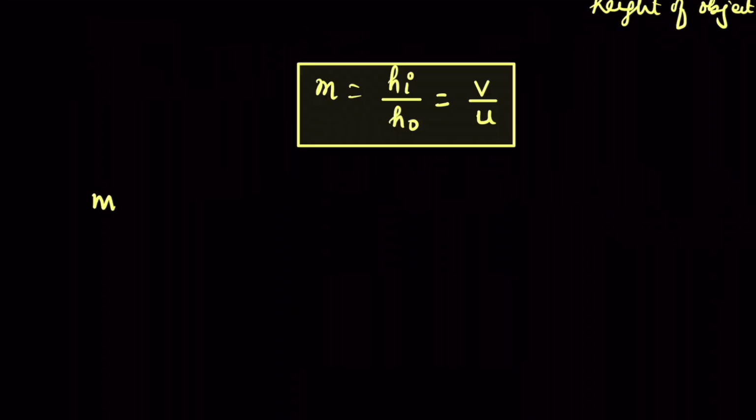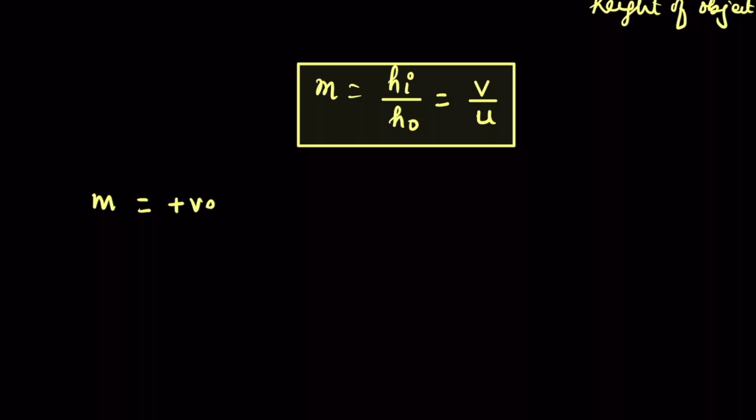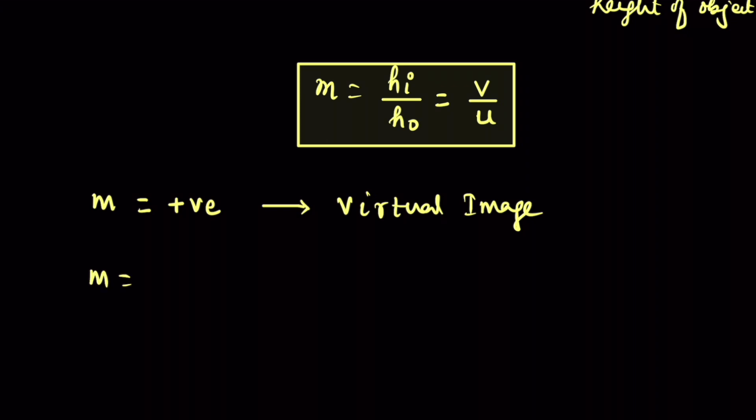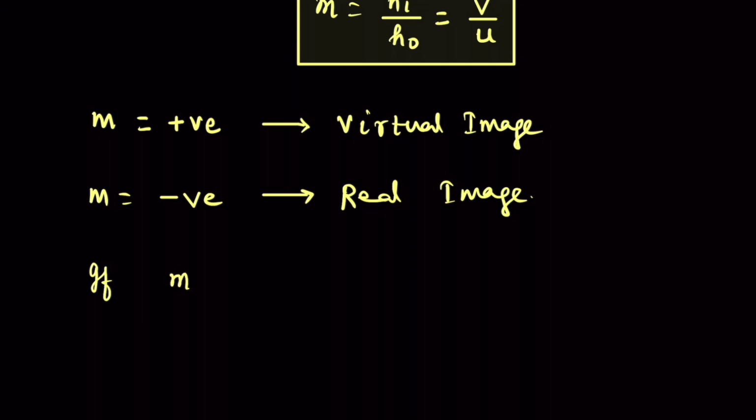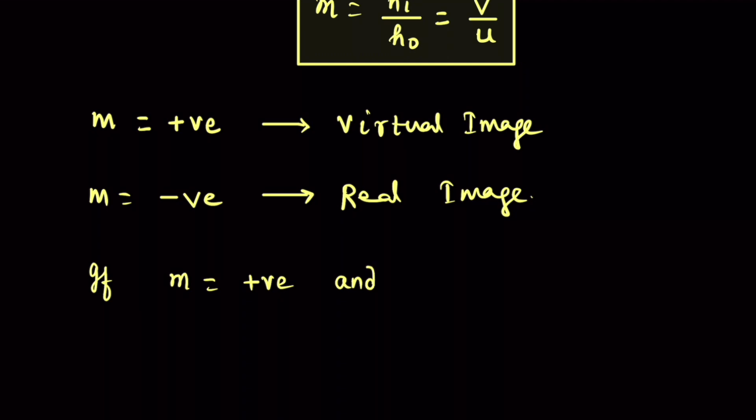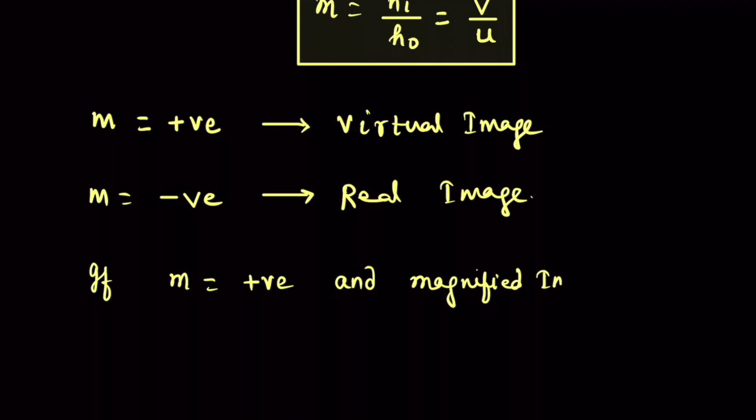When m is positive, it forms a virtual image, and when m is negative, it forms a real image. If m is positive and the image is magnified, it will be a convex lens.